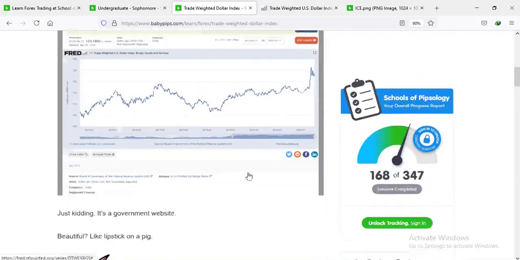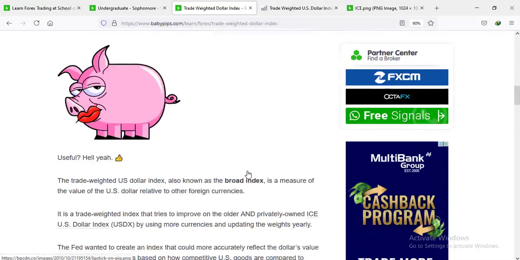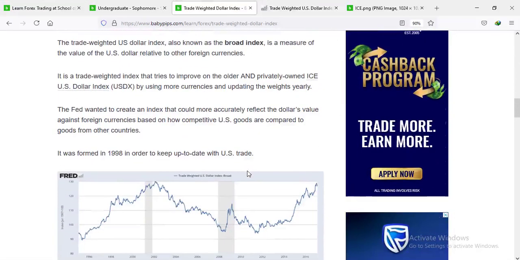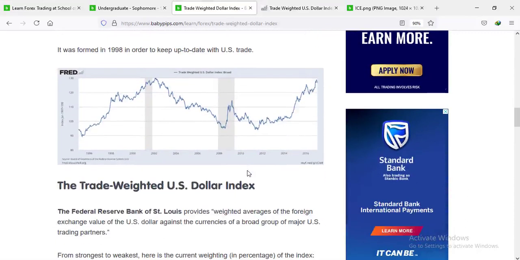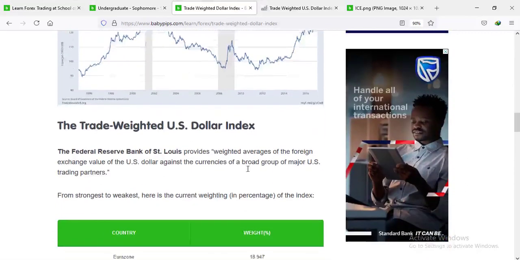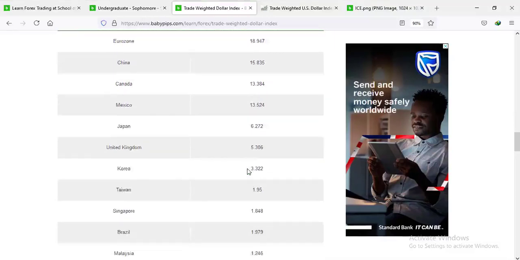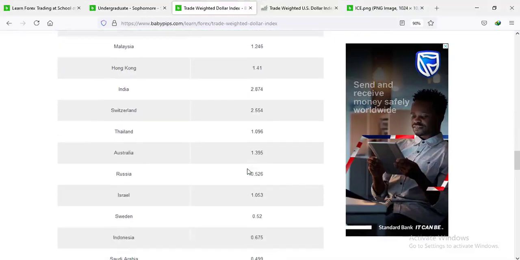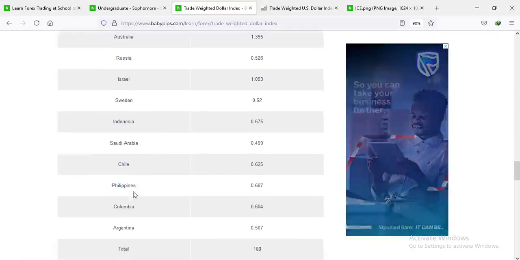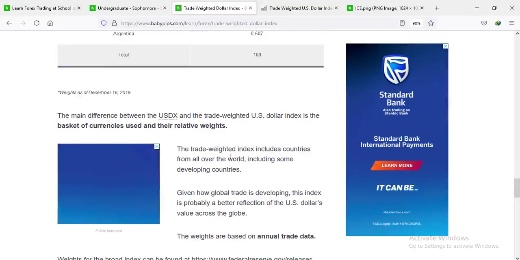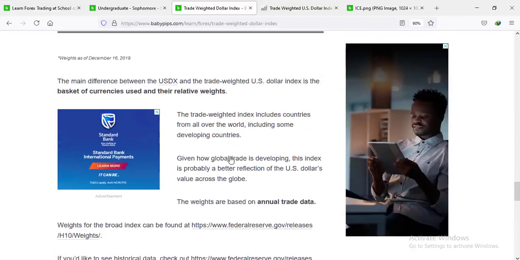So what actually is it? It is more comprehensive than the US dollar index in the sense that it adds more countries to it other than the normal 24. It added developing countries and other countries alike into it. So you have an exhaustive list, like you have Russia here, you have Israel, Philippines, Colombia, and all that. So what do they really do?